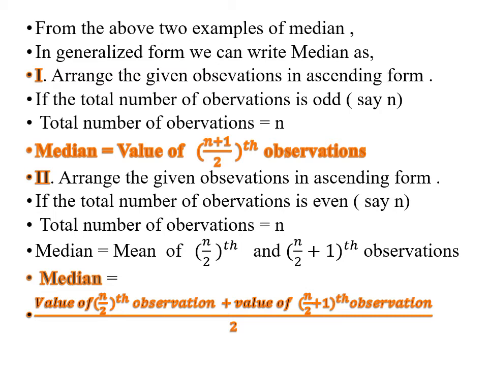So the value of n by 2th observation plus value of n by 2 plus 1th observation upon 2 gives you the median, as we have seen in the second example.